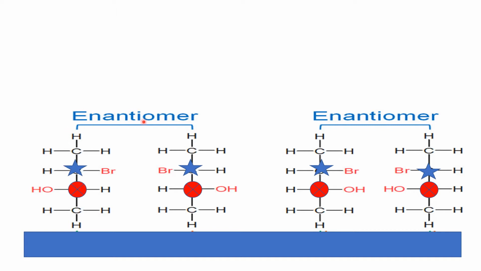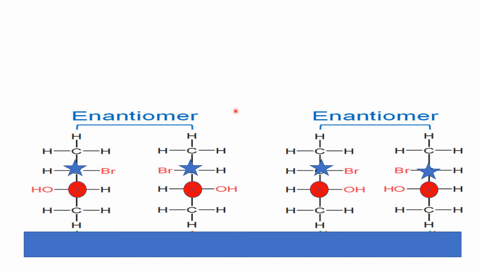When I consider these first two examples, I could say they are enantiomers. Why are they enantiomers? Because these two compounds are object and mirror image, non-superimposable object and mirror image.